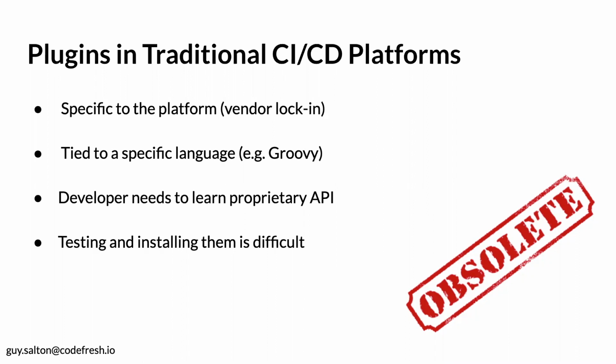For Jenkins, you develop plugins that are specifically for Jenkins. You have to use the programming language that is tied to this tool, in Jenkins' case Groovy. You also need to learn the API for this tool to create a plugin, and then you need to test and install this plugin, which can also be challenging.